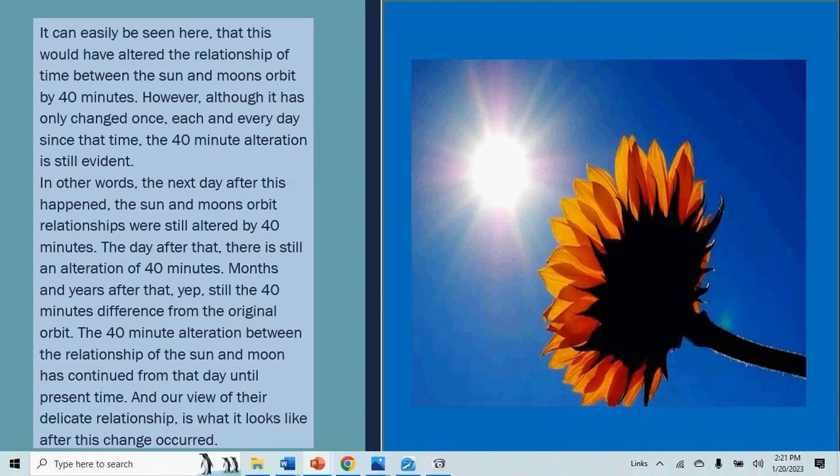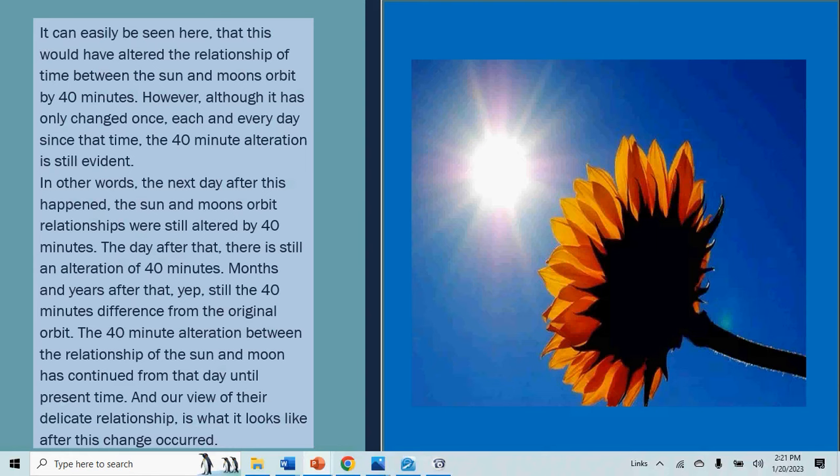However, although it has only changed once, each and every day since that time, the 40-minute alteration is still evident. In other words, the next day after this happened, the sun and moon's orbits relationships were still altered by 40 minutes. The day after that, there is still an alteration of 40 minutes.